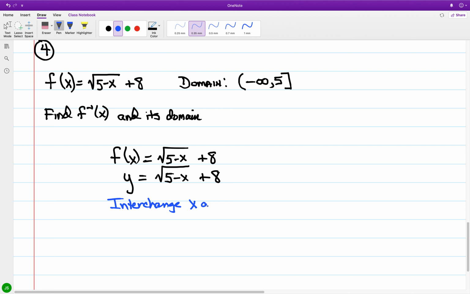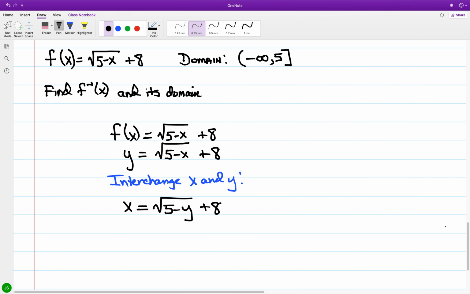And just taking what we have in the rewrite, we have x is equal to the square root of 5 minus y, followed by the addition of 8. And what I'm going to do is isolate y ultimately.